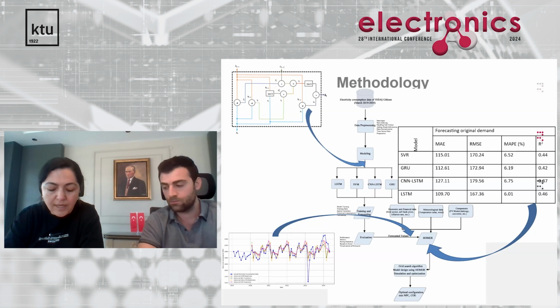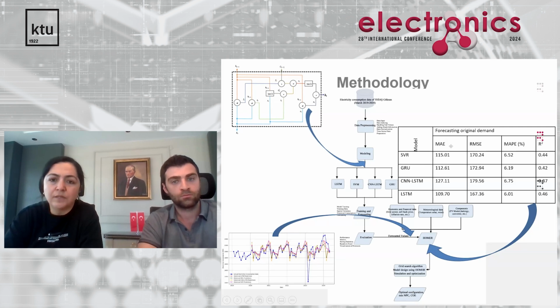As can be seen, all models significantly overlap with the actual data, indicating that the models effectively capture seasonal and trend-based fluctuations in electricity consumption.